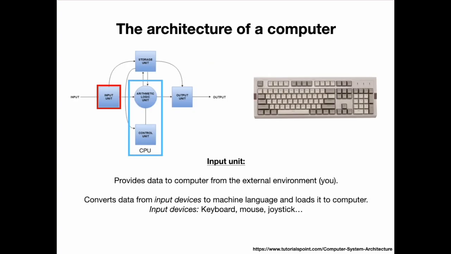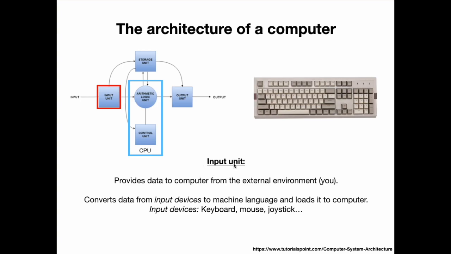The input unit is the tool that is going to allow you to give instructions to the computer. An example of an input unit is a keyboard. It could also be, for example, a microphone. So the input unit lets you provide data to the computer from the external environment.